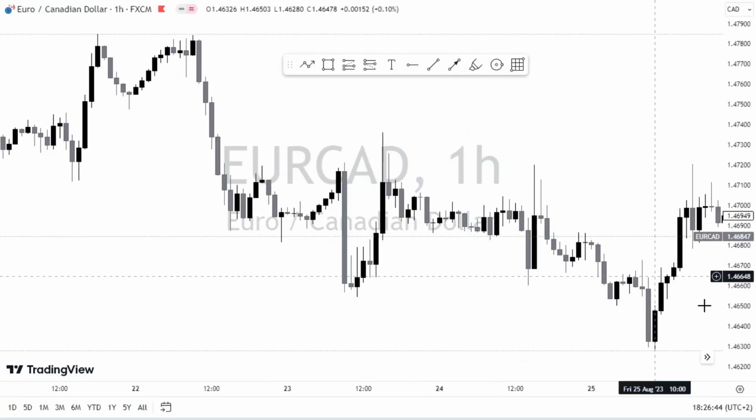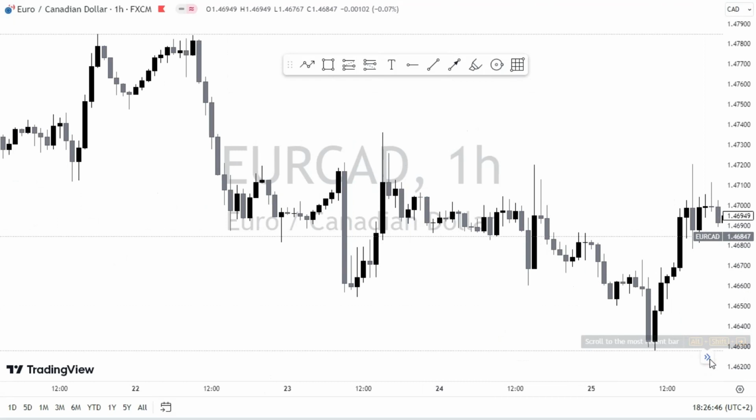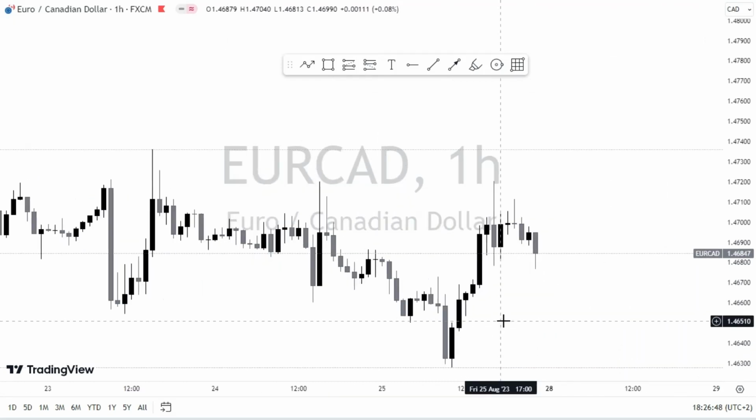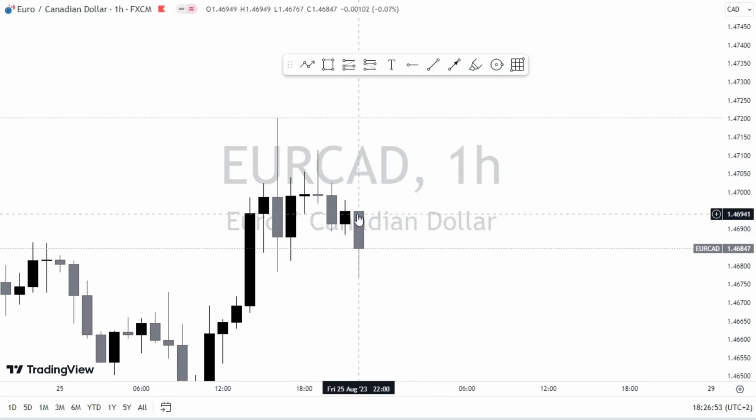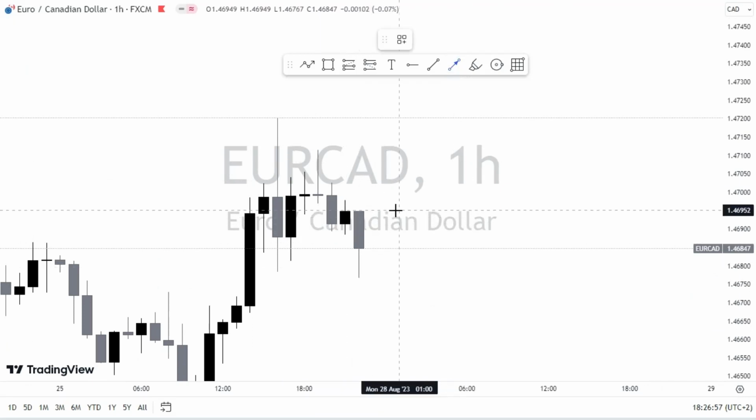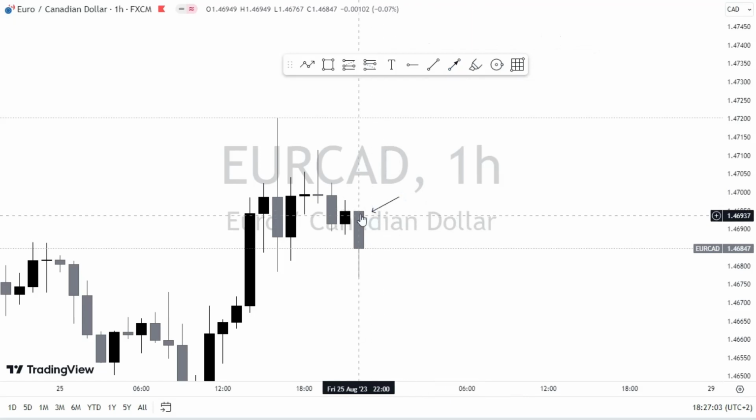What we meant by selling and buying power: the market will close down here. So when the market opens, it will close just right here.